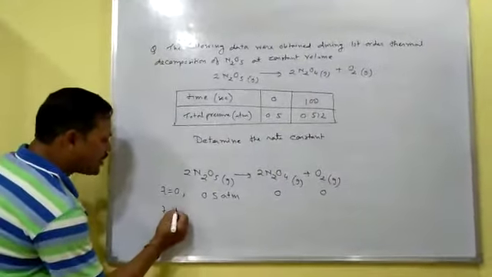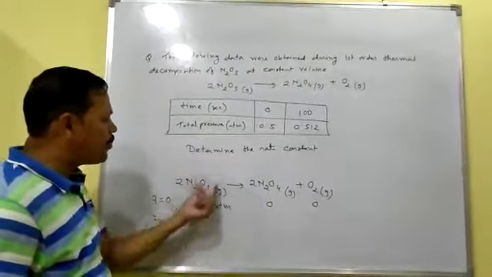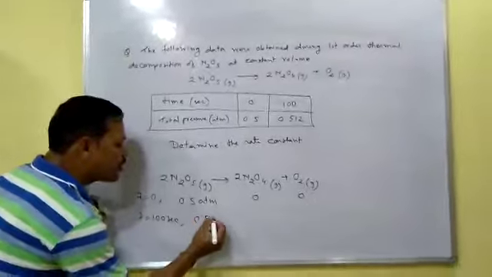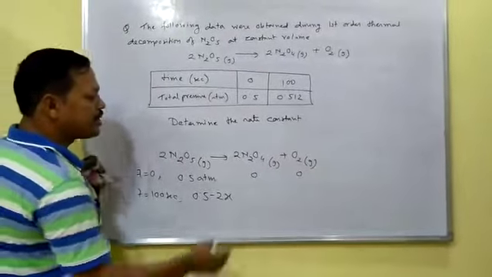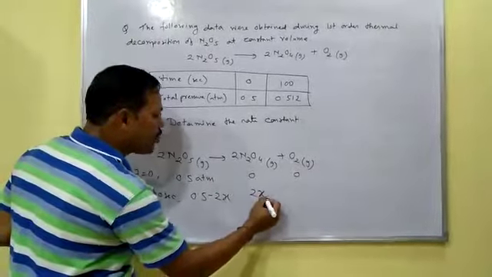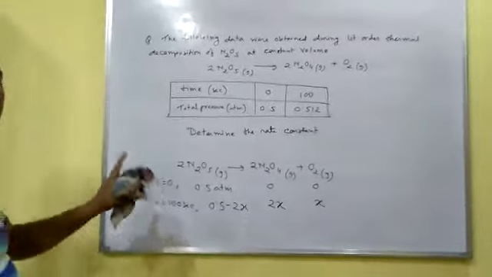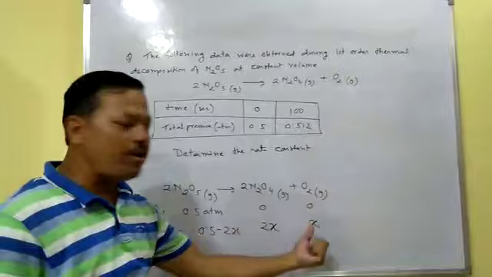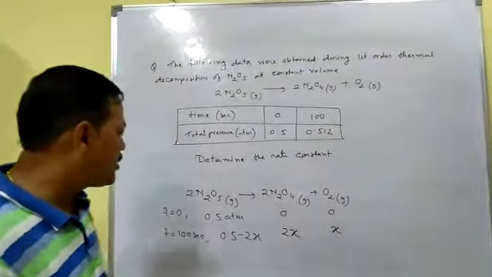When the time becomes 100 seconds, as the time proceeds, the amount of reactant goes on decreasing. Suppose X amount decreases, so it will become 0.5 minus 2X, since it is 2 moles. It will produce pressure 2X of N2O4 and pressure X of O2 at time 100 seconds, because some amount of product forms, so with the reactant, the product also gives some pressure.